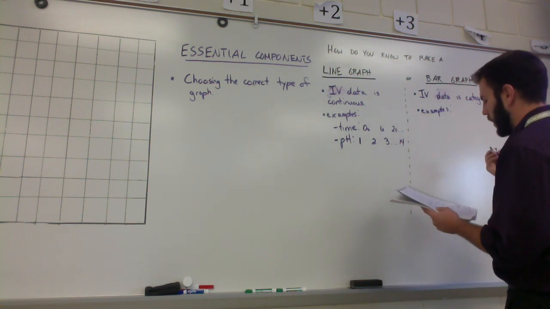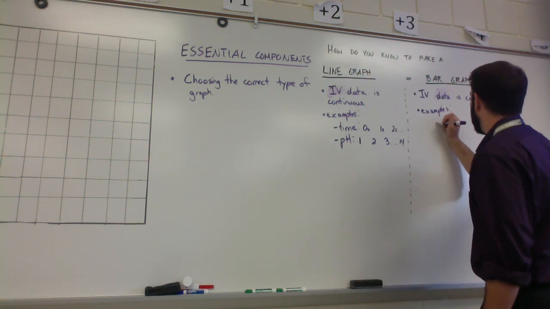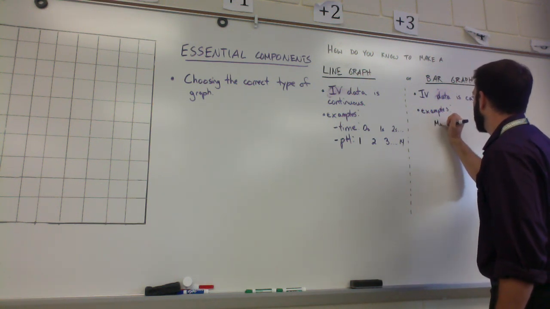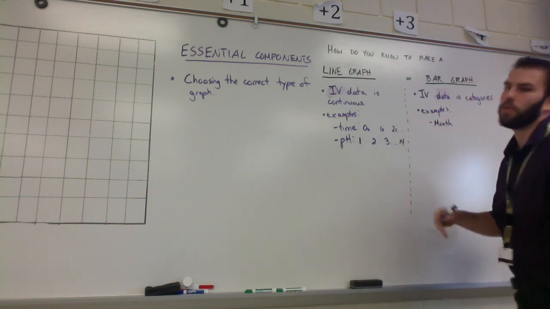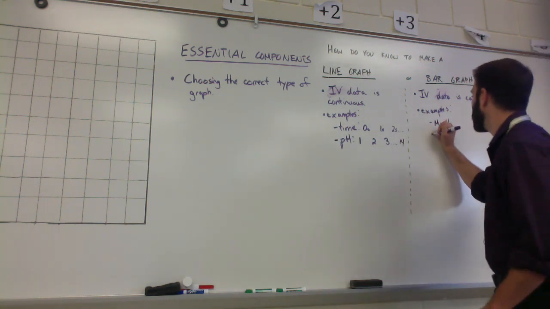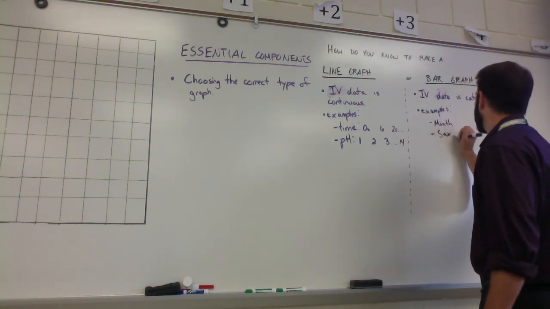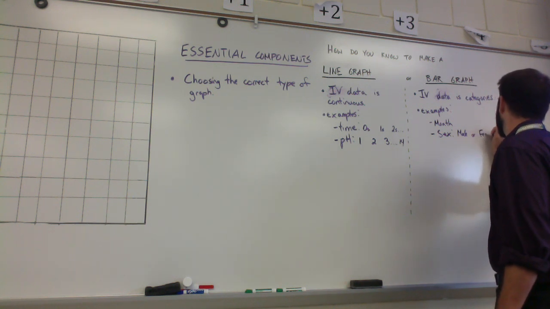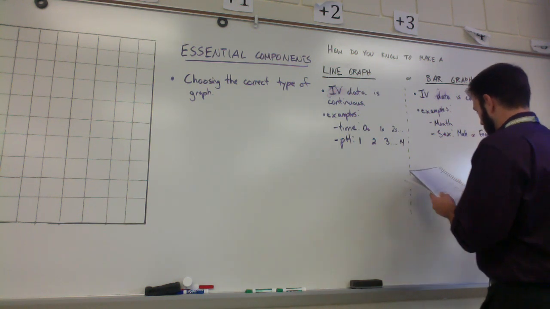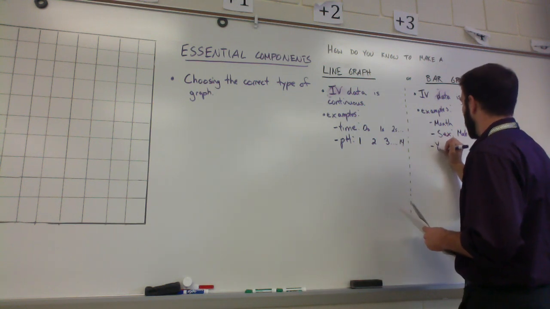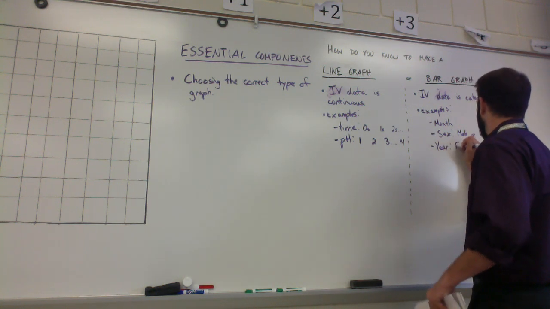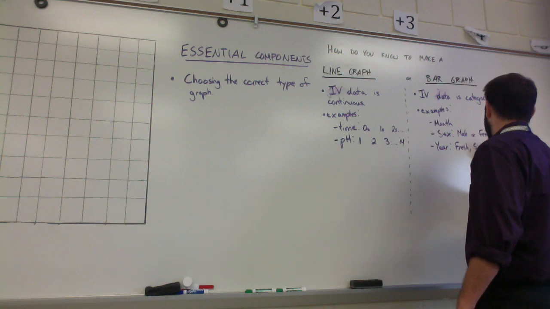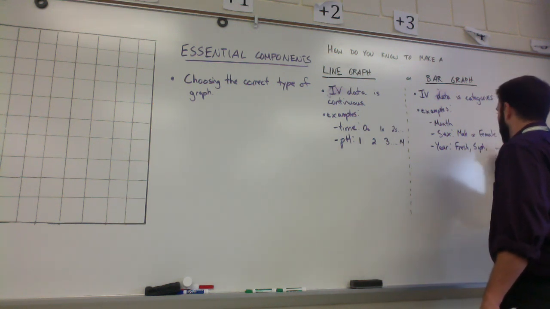Some examples of categories could be a month: April, May, January. It could be sex, for instance, male or female. It could be your year in school, for instance, freshman, sophomore, etc.